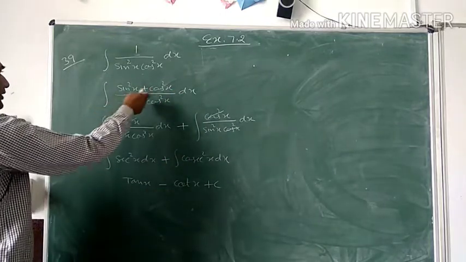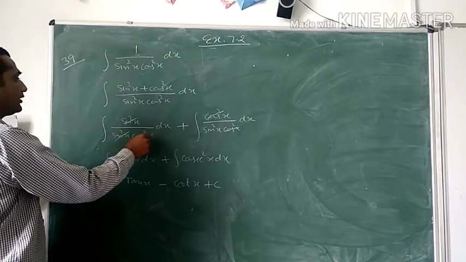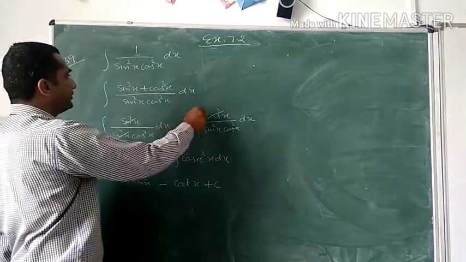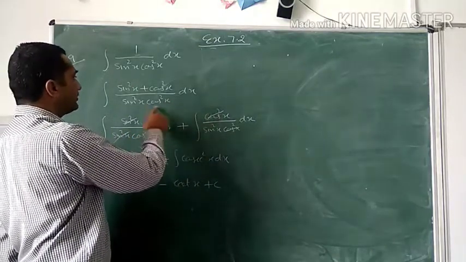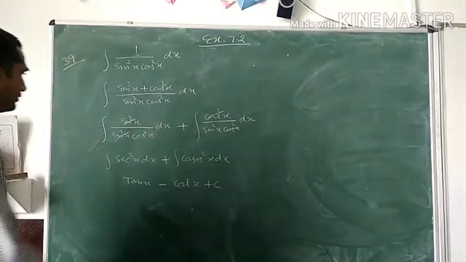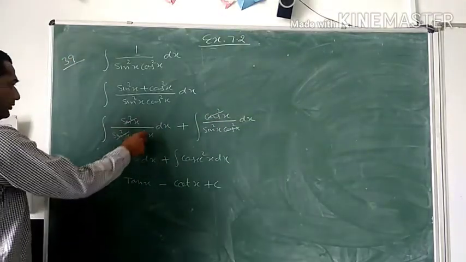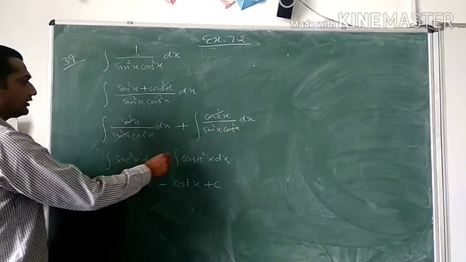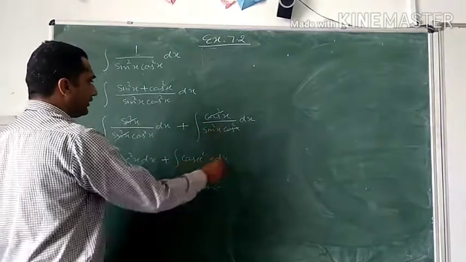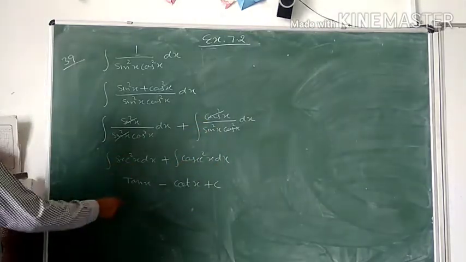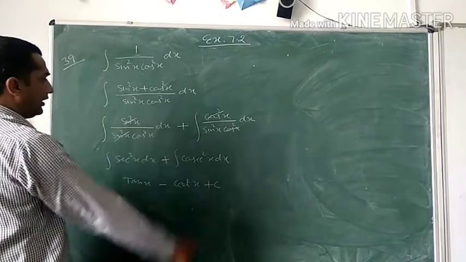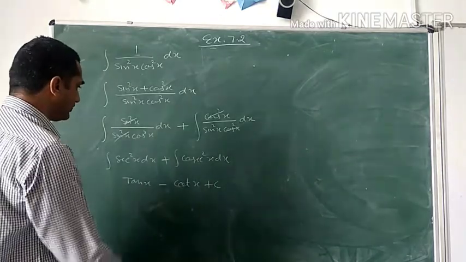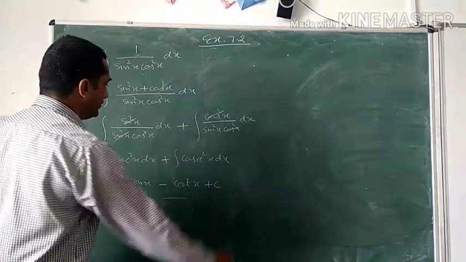Separating these, sin square x over sin square x cos square x dx plus cos square x over sin square x cos square x dx. It will be cancelled, so it will become secant square x dx plus cosecant square x dx. You know that the integration of secant square x is tan x and integration of cosecant square x dx is minus cot x plus c.